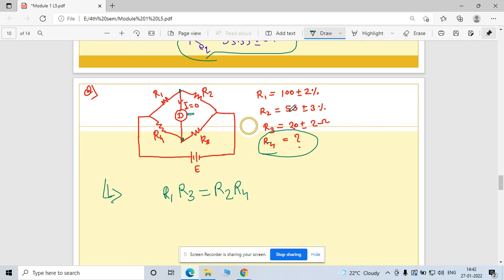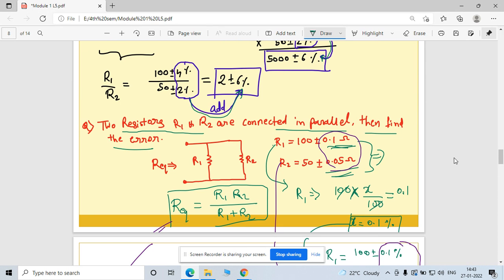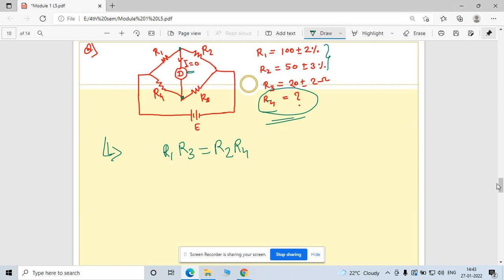Okay, now use the same concept. Here the readings are given to you in terms of percentage as well as absolute error. So you need to convert that error part into absolute or percentage depending on your calculations, and try to find this R4 the same way we did the earlier problem. You can also solve this problem, and please solve it and tell me what R4 you get.